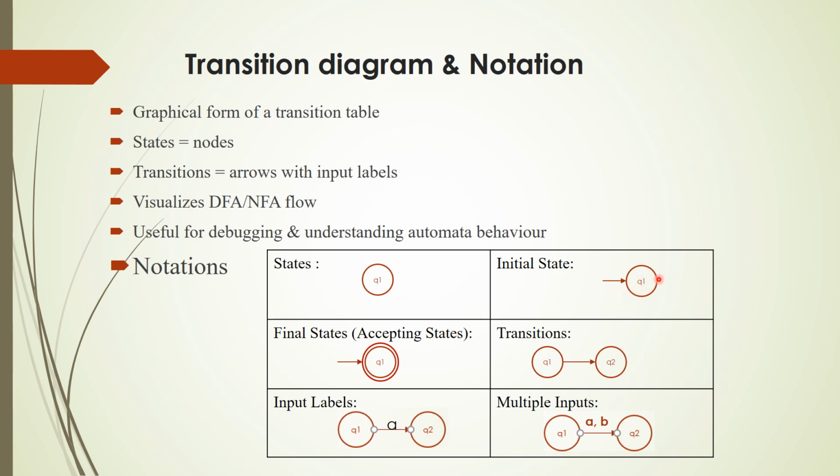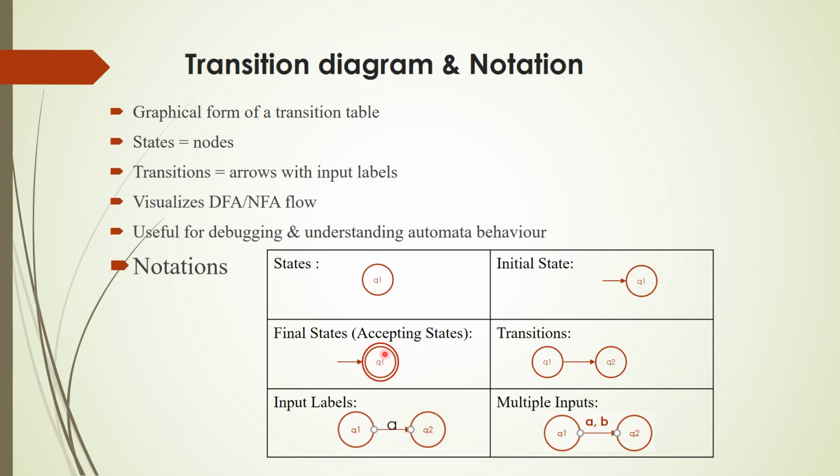You can see here that no other source is mentioned. Next, the final state or accepting state. It indicates successful completion or a desired outcome. These states are represented by a double circle, as shown in your diagram.